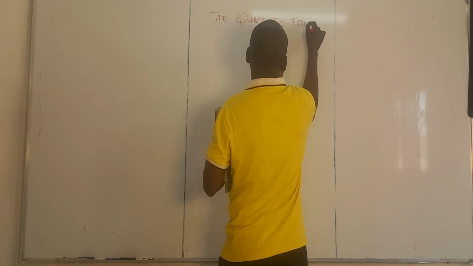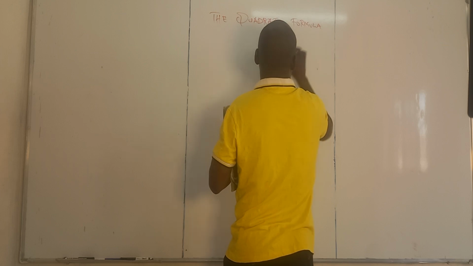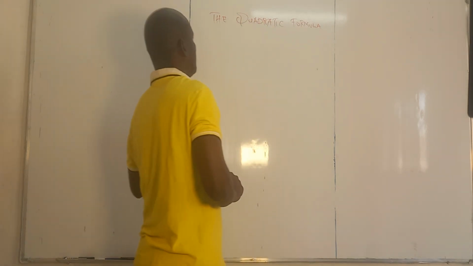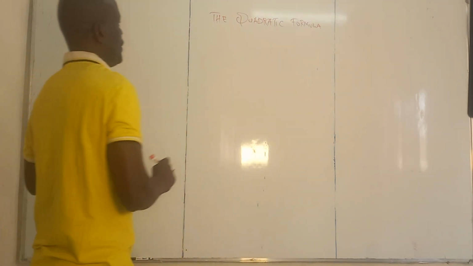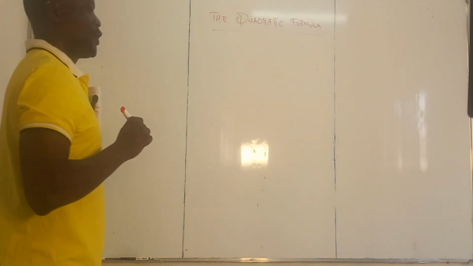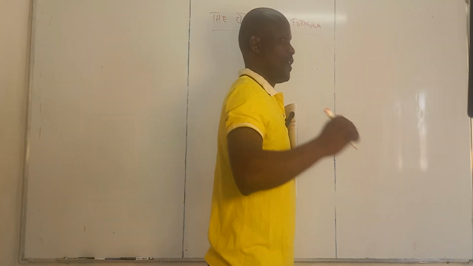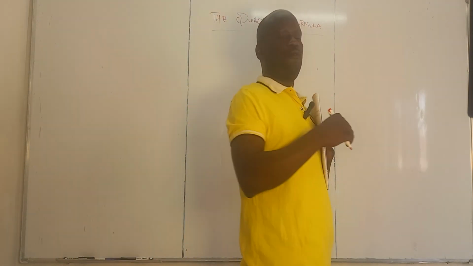The quadratic formula. So a quadratic expression normally is an expression where the highest power of the variable of interest that we have is 2.